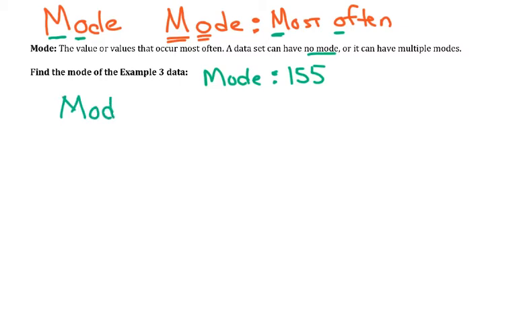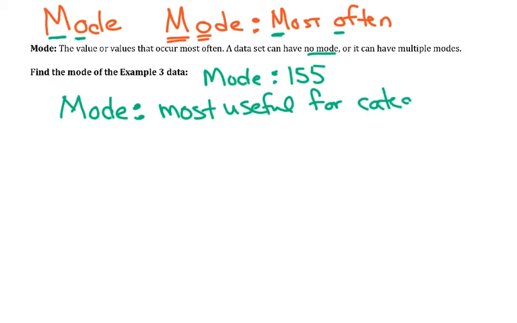The mode is most useful for categorical data. Like ice cream flavor. What was the favorite ice cream flavor when you did the survey? Or eye color, or hair color, or blood type. But we can talk about the mode with numerical data as well.